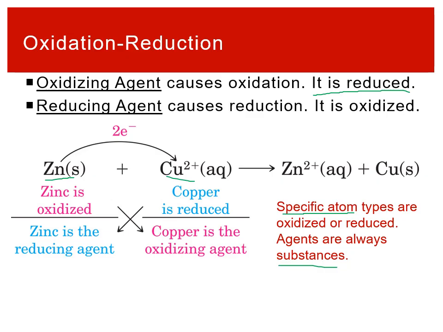A lot of times this language of oxidizing agent can apply to a particular reaction, but also more generically than that, we just use it to describe things that are good at causing oxidation. So that they really tend to be reduced in reactions, so they can cause a lot of other things to undergo oxidation. Hence, they're oxidizing agents. We're still going to apply them to particular reactions, but that's why there's this different language. You're talking about substances that you can use for particular reaction types.